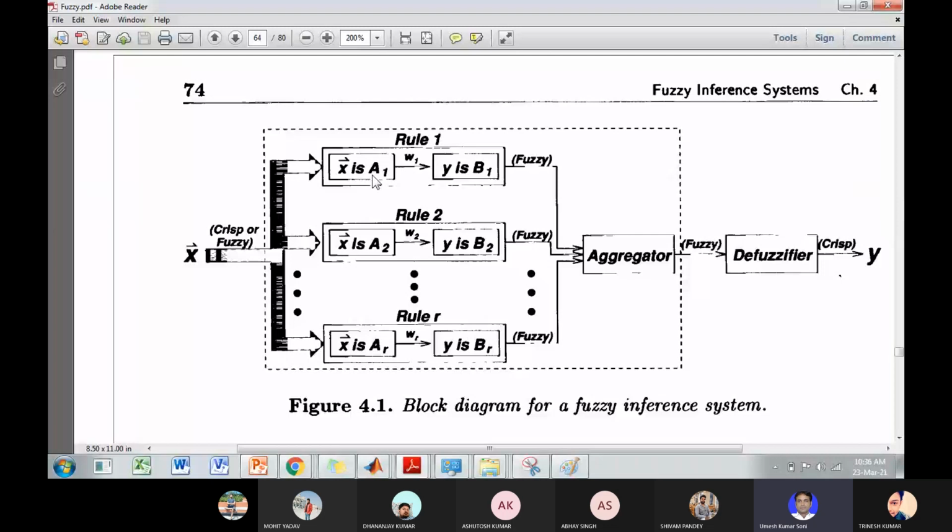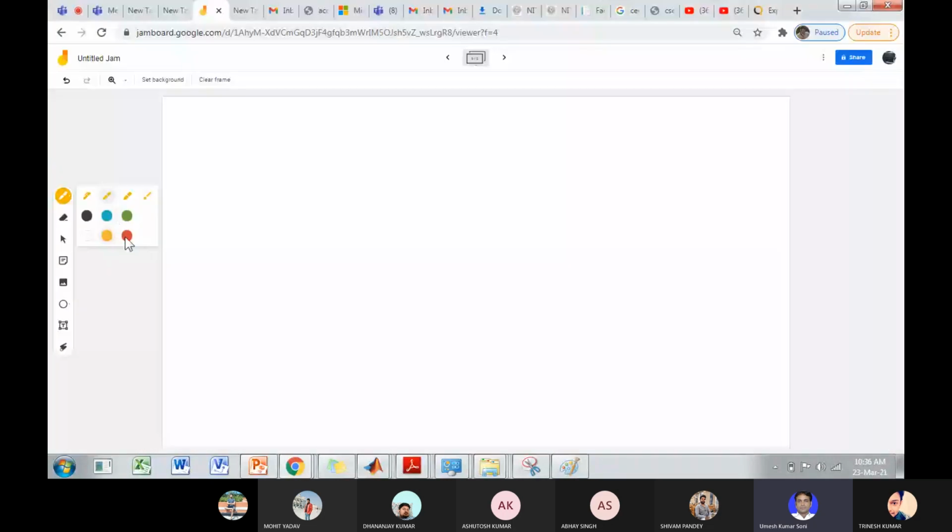Suppose x is a1, and here an AND operator is there, and y is b1 and z is c1, then m is m1.